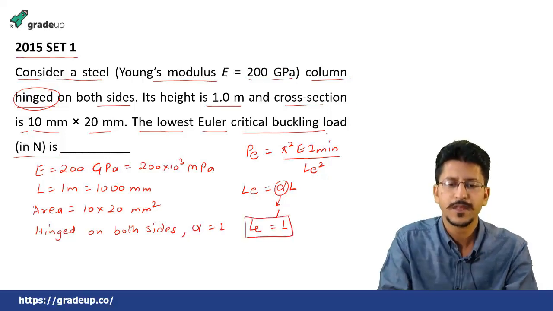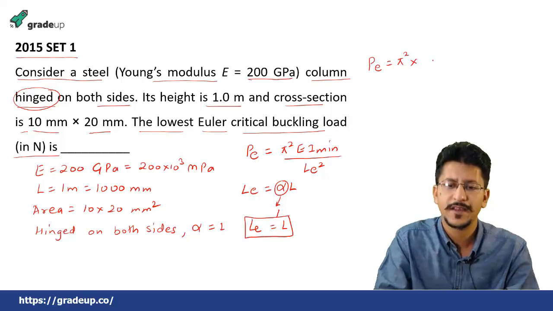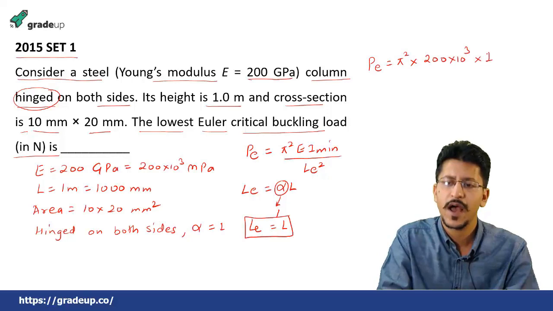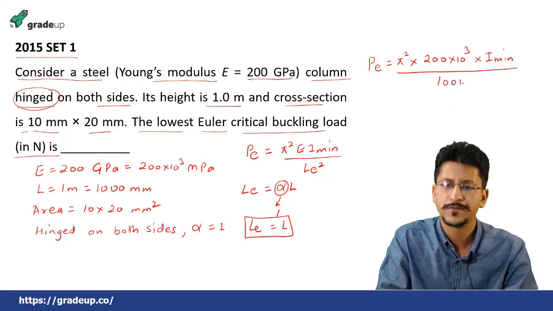So just substitute the values. PE equal to pi square, E is given as 200 into 10 to the power 3 into I minimum upon L square. L is to be taken in mm, so 1000 square.